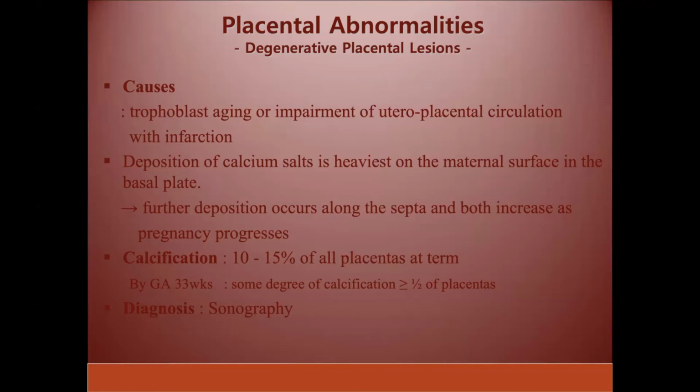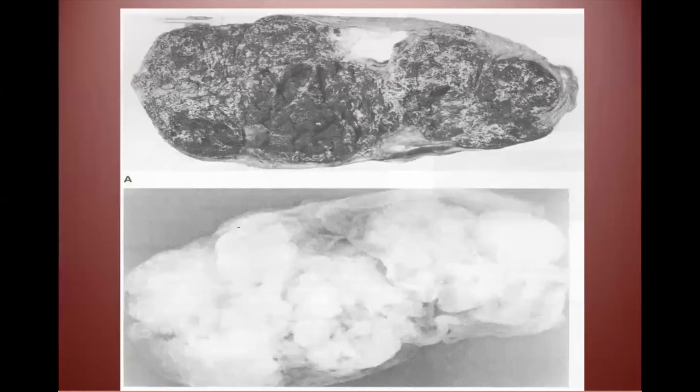Calcification occurs in 10 or 15% of all placentas. By 33 weeks of gestation, some degree of calcification may be present in maybe half of placentas, and it's easily diagnosed by ultrasonography or MRI. Here you can see the picture of calcification of placenta.